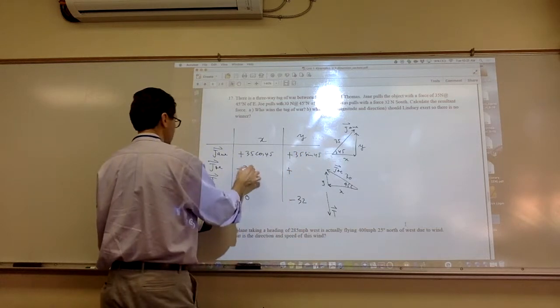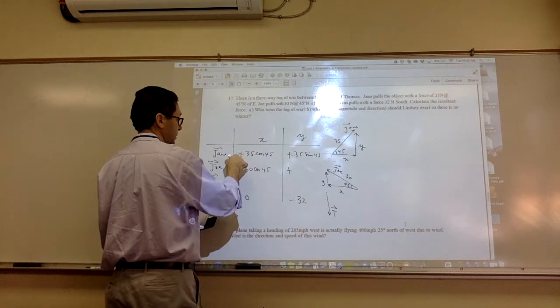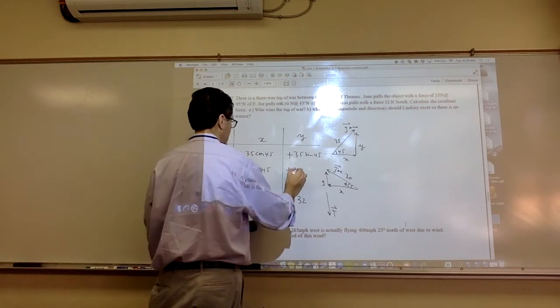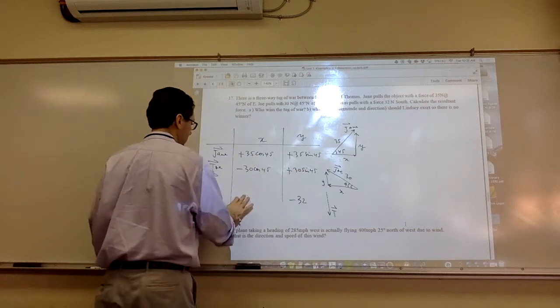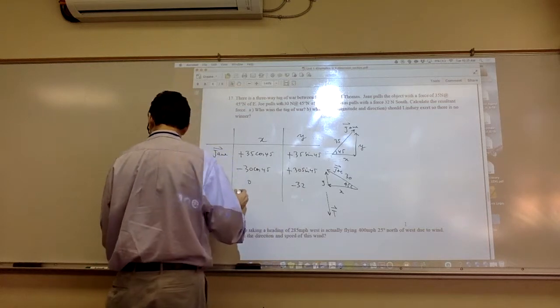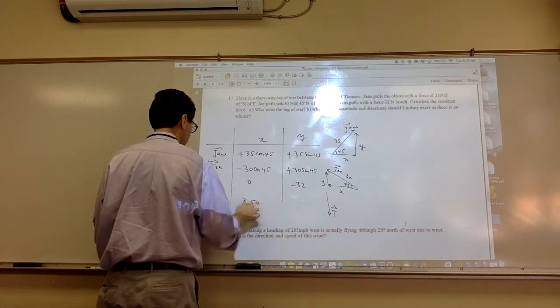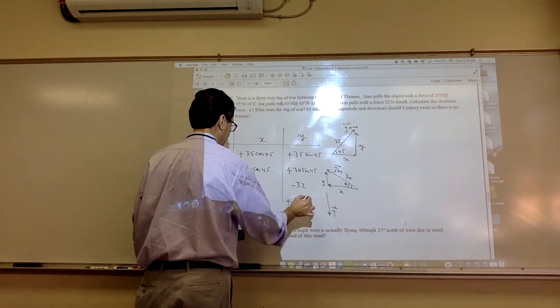This is going to be 30 cosine of 45. See how I did put the plus and minuses first? This one I don't forget. 30 sine of 45. If we add, oh, I got this in the wrong place. This is 0 and negative 32. If I add, this is what I get. I get 3.54 positive, and I get 13.96 positive.